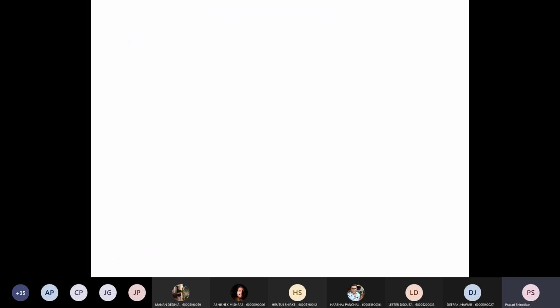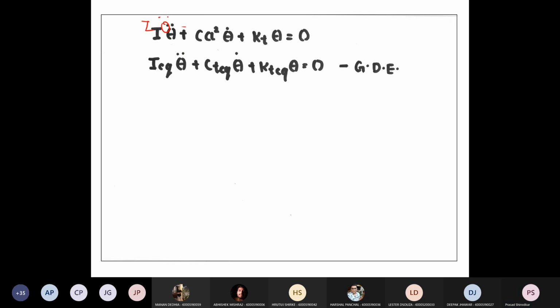Okay, just simplify this. This is I theta double dot plus C torsional equivalent into theta dot plus K torsional equivalent into theta is equal to 0.